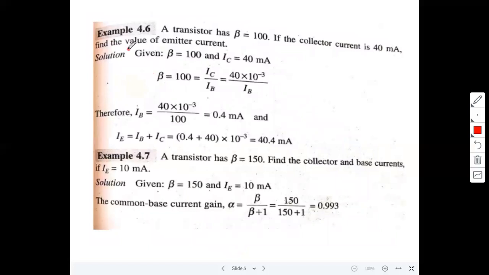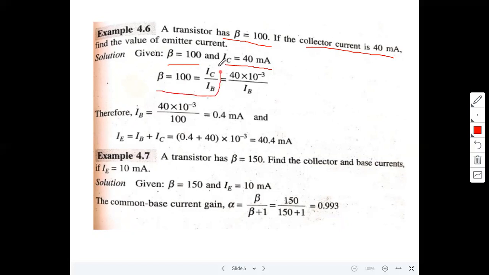Next, another problem where a beta value is given. A transistor has beta equal to 100, and one current parameter is given: collector current is equal to 40 milliamperes. Find the value of emitter current. What is beta?